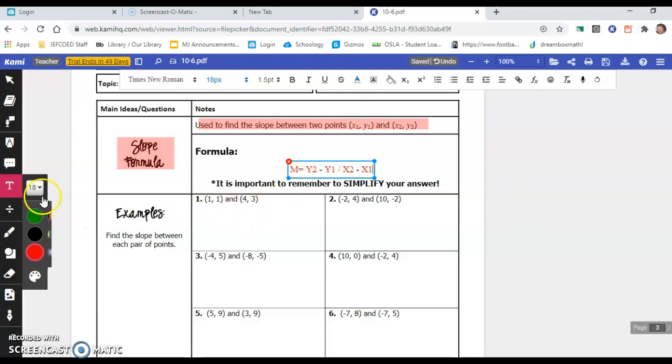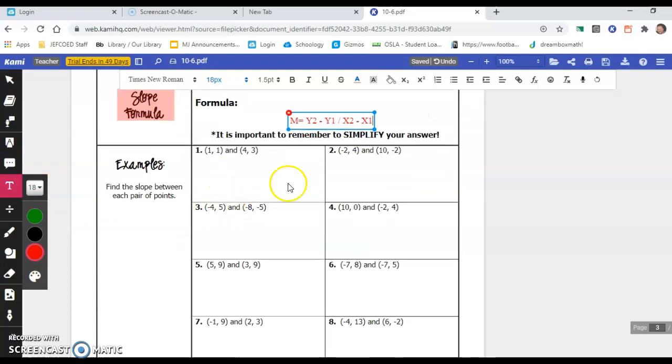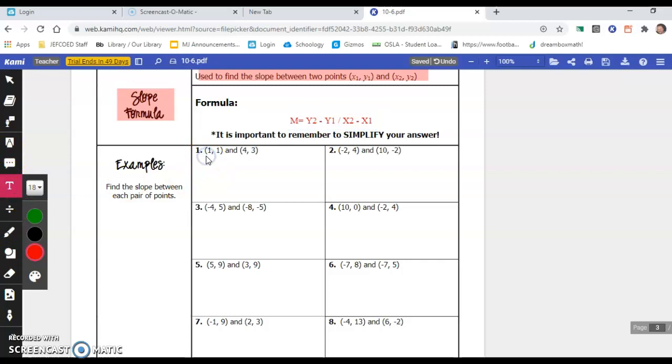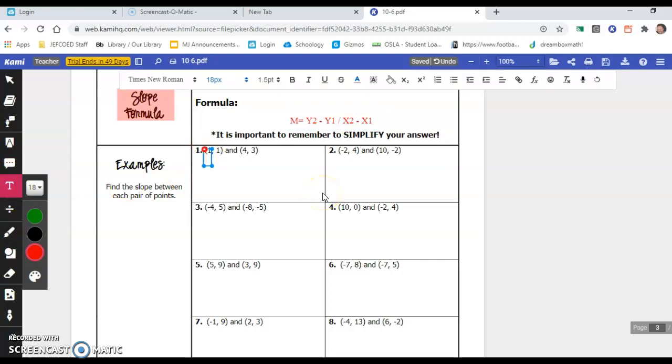Okay, now let's look at number 1, guys, and we're just going to find the slope using the slope formula. Okay, now looking here, guys, underneath my coordinates, the first one is my x1. The next one is my y1.